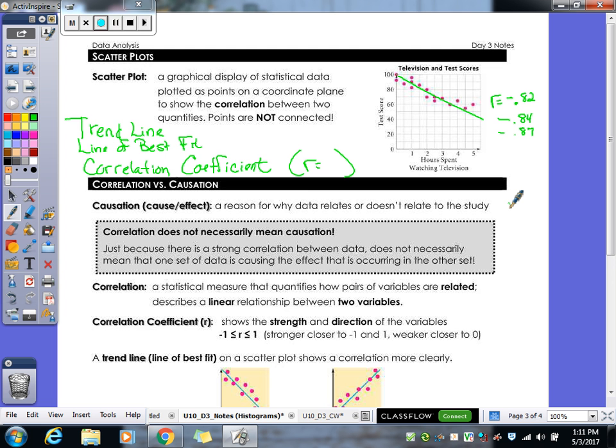How about rain and the level of water in your backyard or the lake? Well, if you had a swimming pool there, then it could be correlated because you could always have water in your backyard. But if it rains, isn't the water level going up in the lake? So those two things are caused.